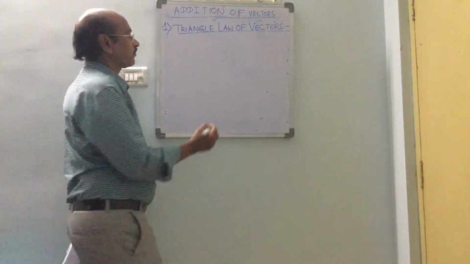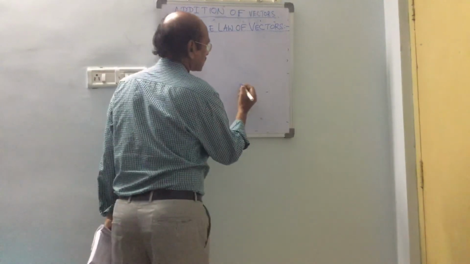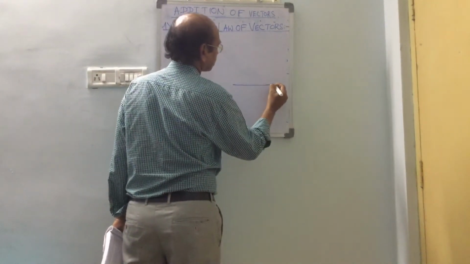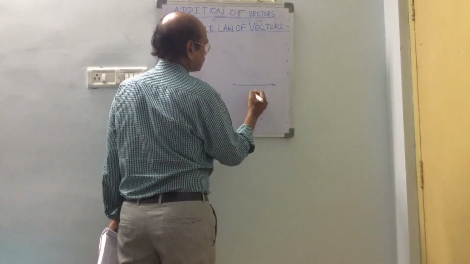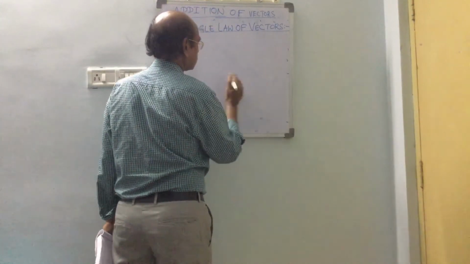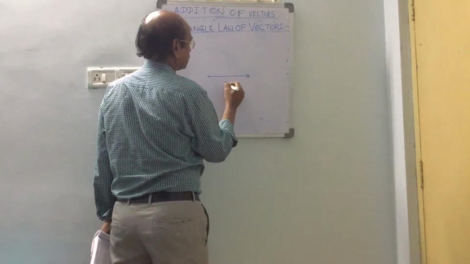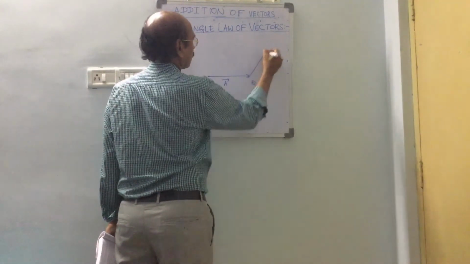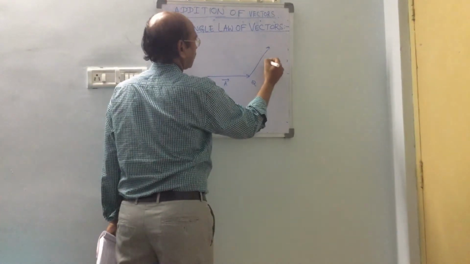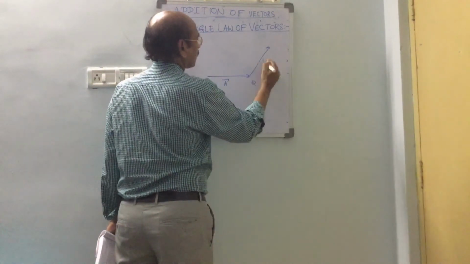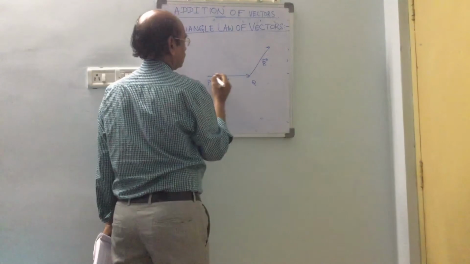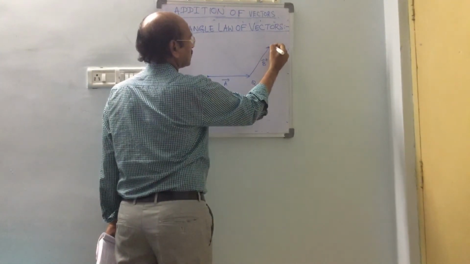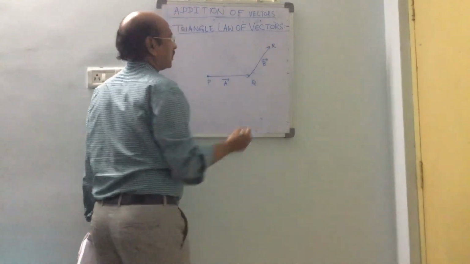So here we consider two vectors, A bar and B bar, and the second vector B bar, whose endpoints are Q and R.